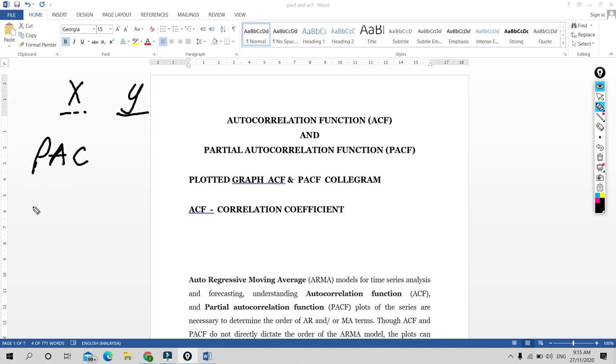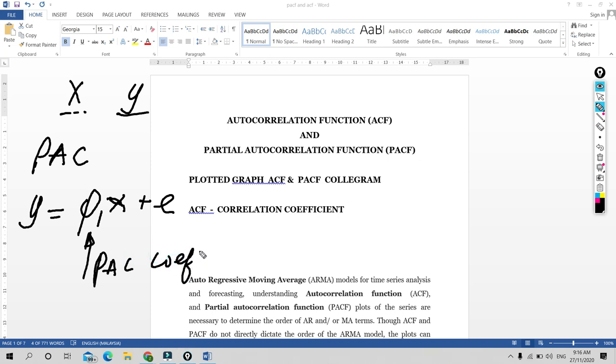So we can write a linear regression line here, y equals phi 1 x plus the error, and this phi 1 is the partial autocorrelation coefficient. Okay, coefficient.